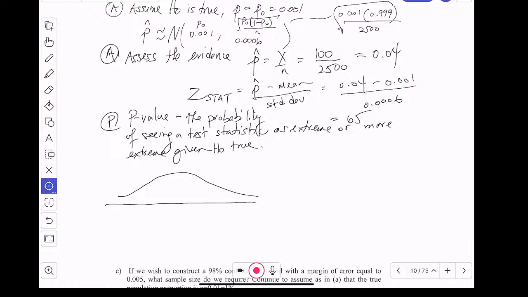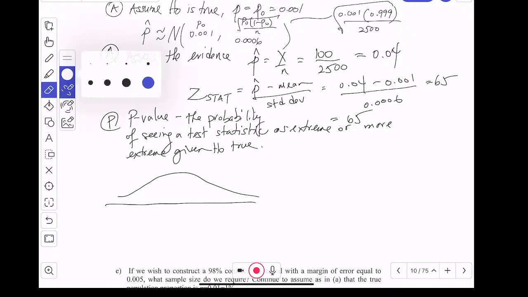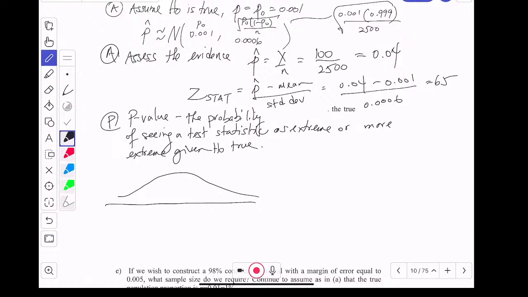I take my Z stat, which is 65, and I'm going to plot it, and it's way over here, 65.